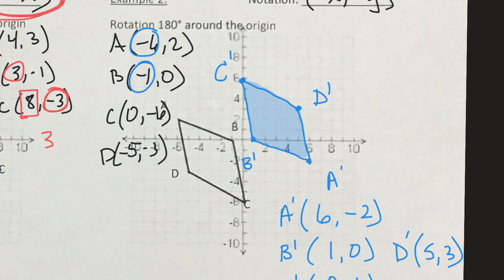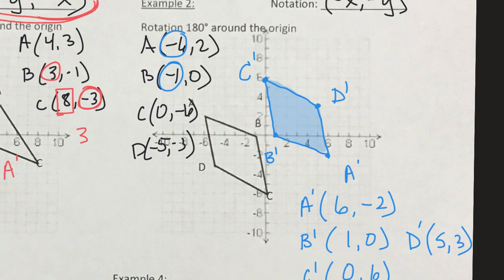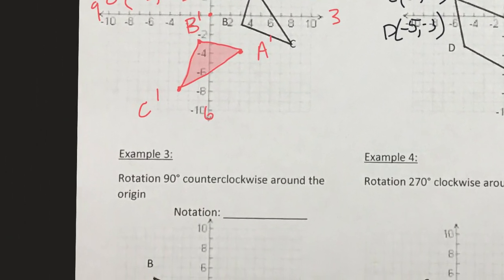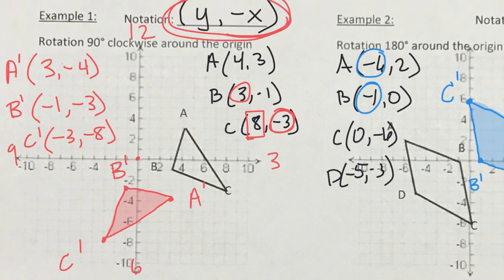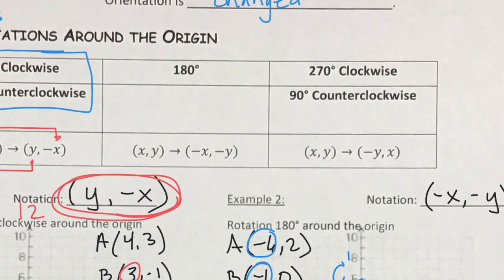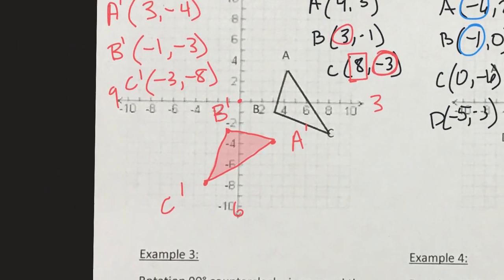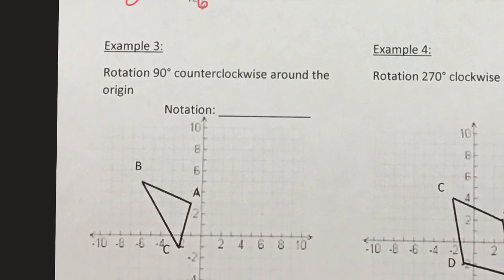So we're going to do these other ones. Let's see, what else do we have here? We have a 90 counterclockwise. Let's see where our 90 counterclockwise goes, which is the same thing as a 270 clockwise. Now we switch them and the y becomes negative. So that's what we're going to use as our notation, -y, comma, +x.